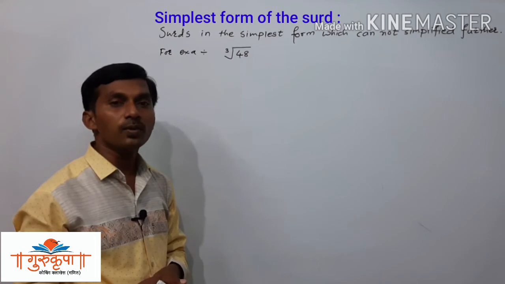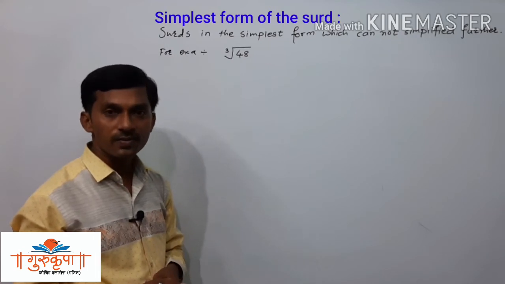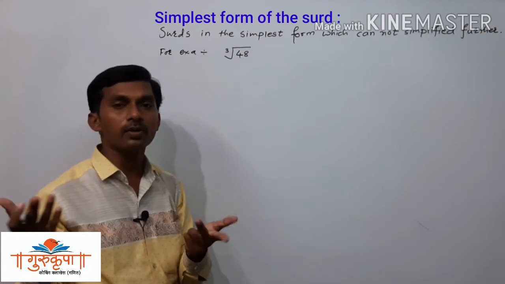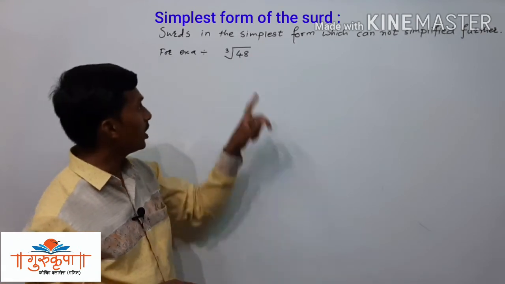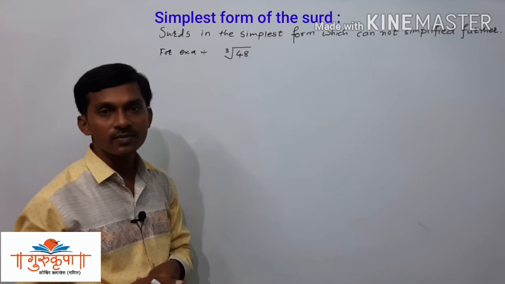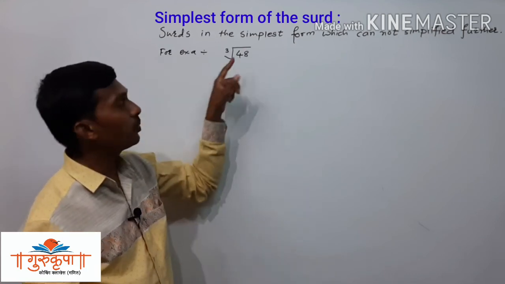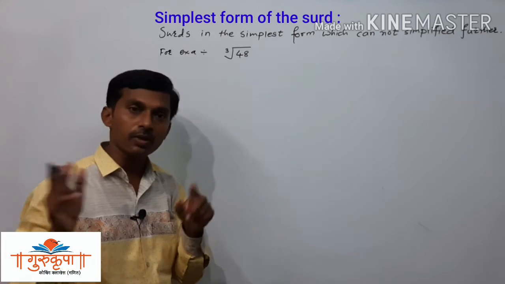Then factors of 48, 2 into 24. We cannot take the cube root of 2, and we cannot take the cube root of 24 also. Then we have 3 into 16. 16 3s are 48. Again it is not possible to find the cube root of 3, and cube root of 16 also.